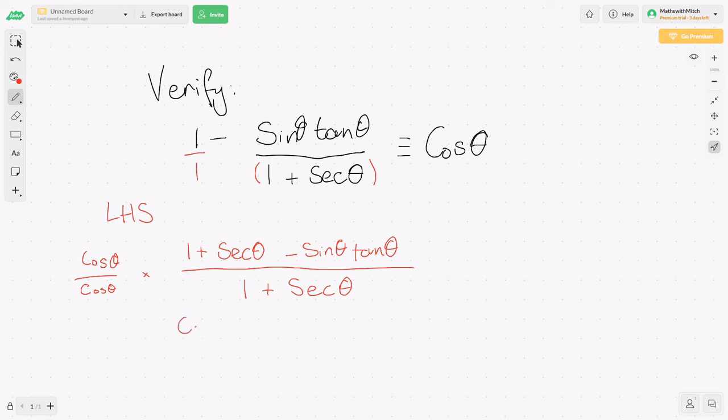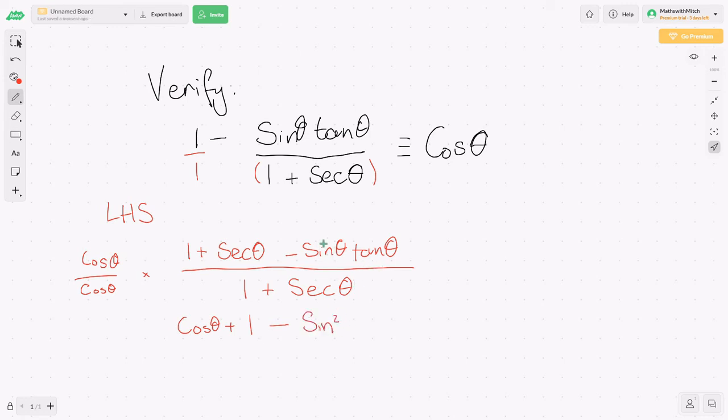And then we end up with, remember, sec is 1 over cos, so if you times it by cos, that then becomes a 1. Then this term is a little harder. If you times something by cos, but we've got a sine and a tan. So tan is sine over cos, so when you times it by cos, that just becomes sine again.